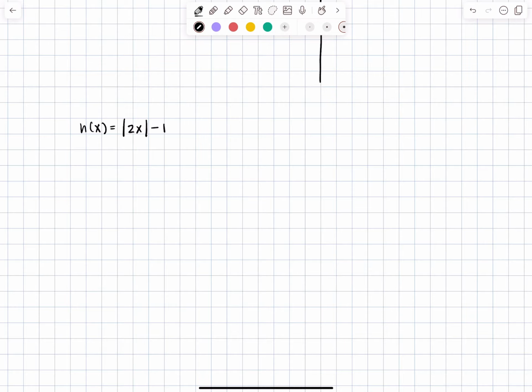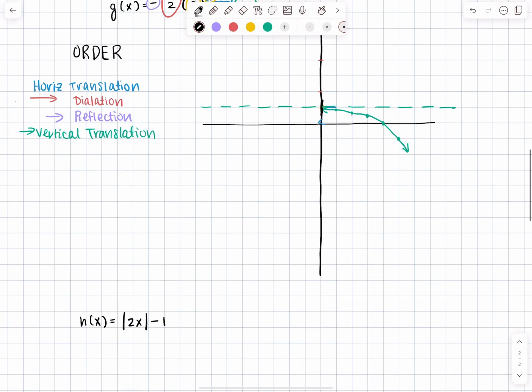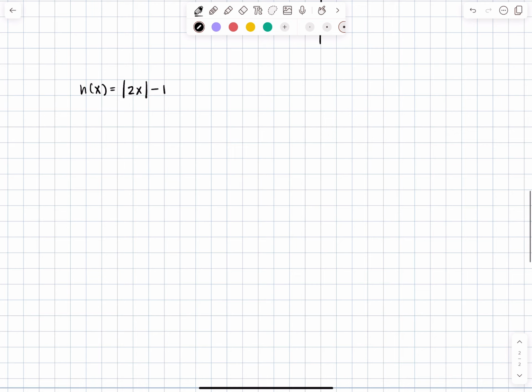So we don't have to remember the order in this case. So all we're going to do is create an X table and a Y table. So right over here, we're going to plug in the points -2, -1, 0, 1, 2. And that is because we are dealing with an absolute value graph.